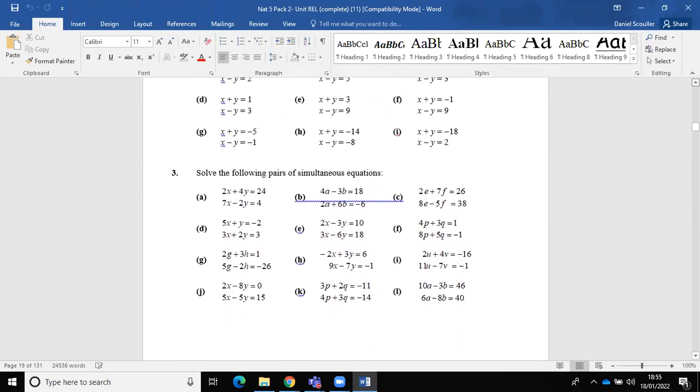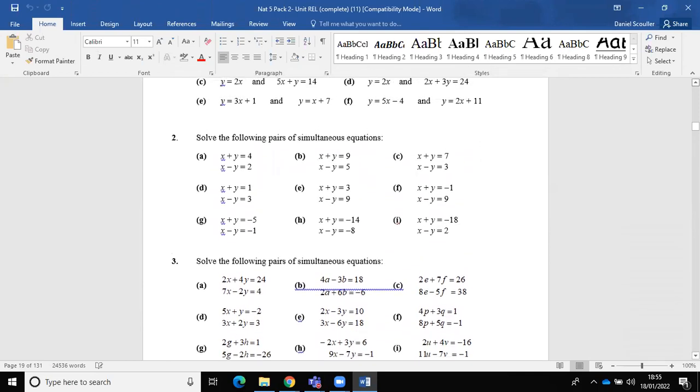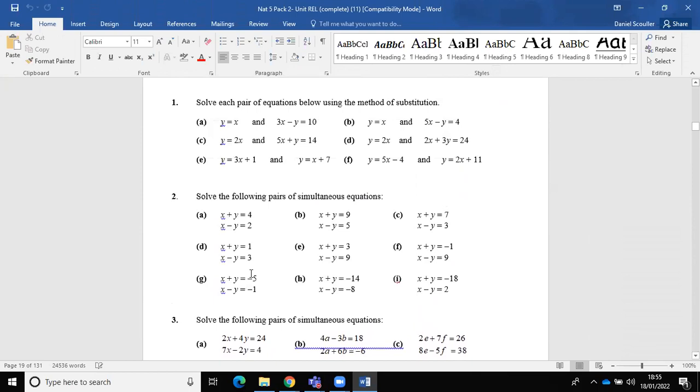Have a wee go at question 3 yourselves and try and work it out. If you want to do some easier ones, question 2 is similar to the ones that I started with, the first 2 examples I gave this evening. If you want a nice easy entry into it, question 2. I think question 1 would just confuse you a wee bit, so just miss out question 1. I don't really like the way it's written.